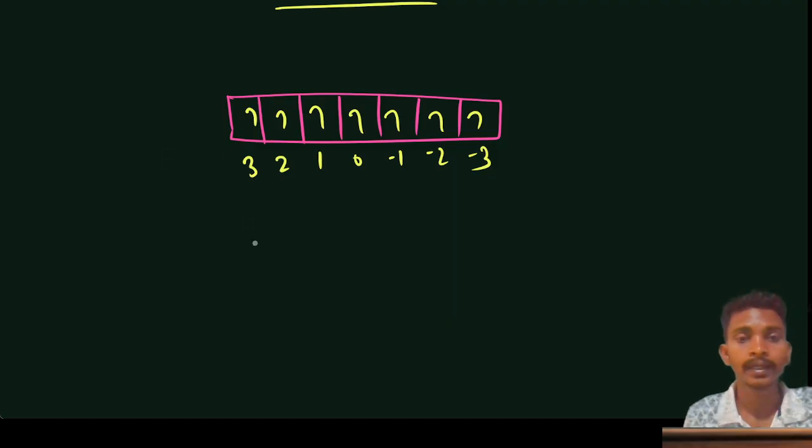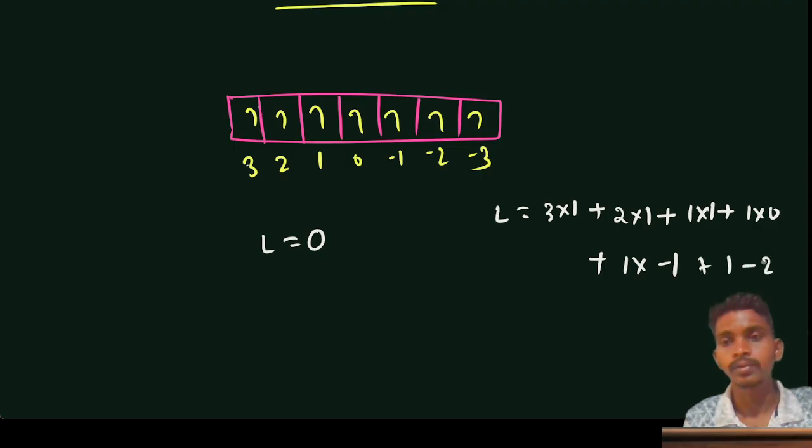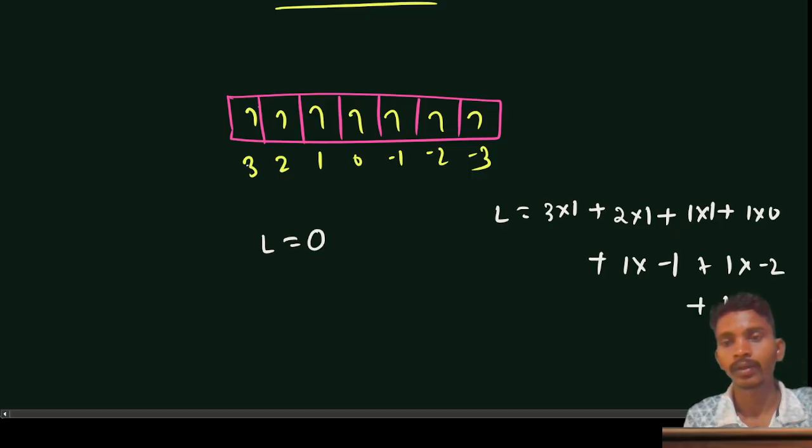So in this case, L is going to be 0. Why? Because you see that L is 3 into 1 plus 2 into 1 plus 1 into 1 plus 1 into 0 plus 1 into minus 1 plus 1 into minus 2 plus 1 into minus 3.